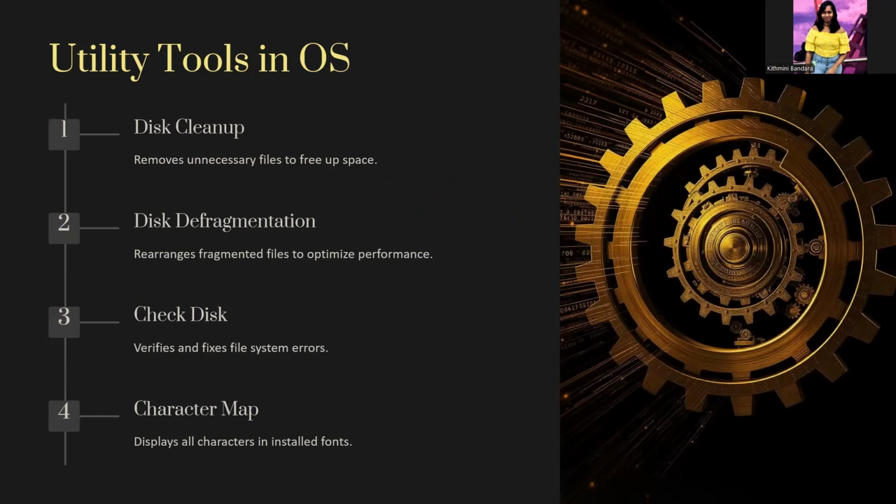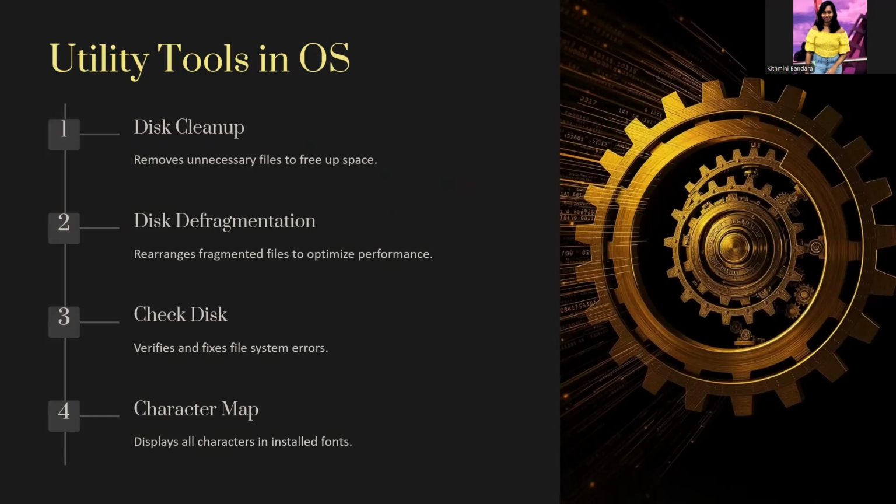Disk defragmentation rearranges fragmented files to improve performance. Check disk verifies and fixes file system errors. Character map displays all the characters in installed fonts, useful for special symbols. These tools help keep the computer running smoothly and efficiently.